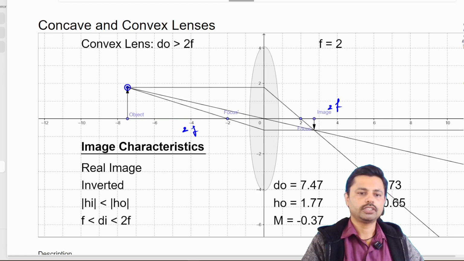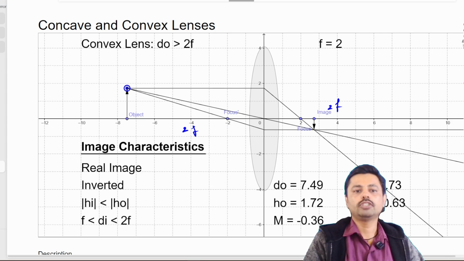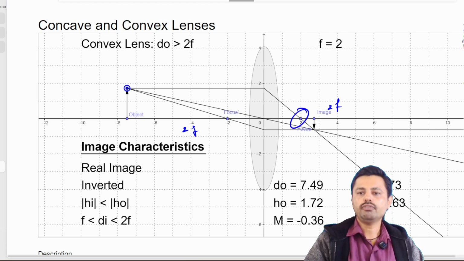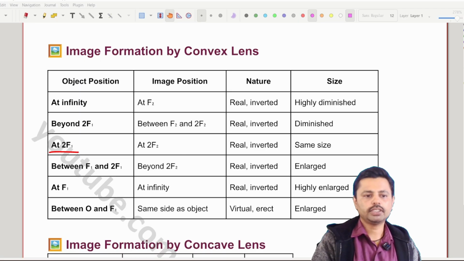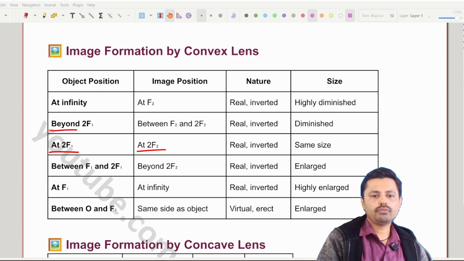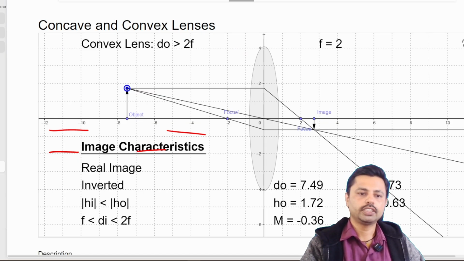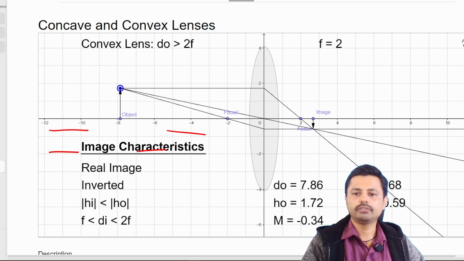So, it is diminishing, means when the object is beyond 2f, the image will be between f and 2f. When the object is at 2f, the image is at 2f2. Now, beyond 2f, the image also will be between f2 and 2f2.